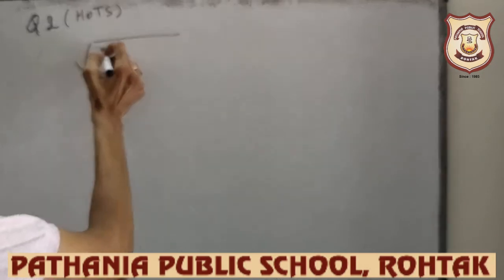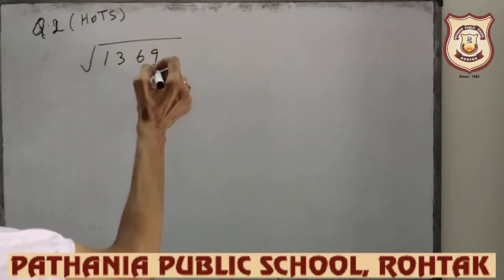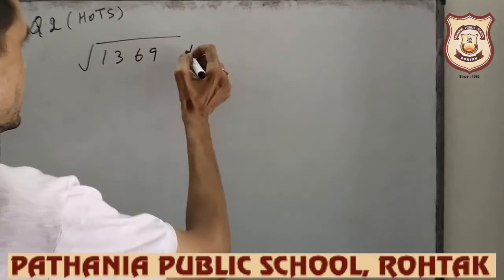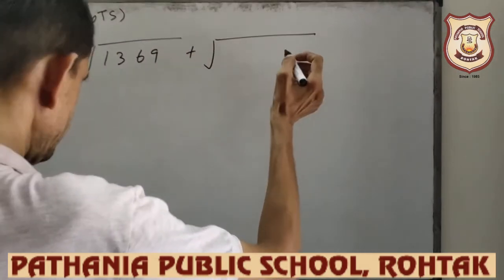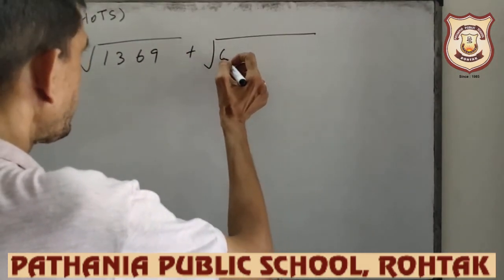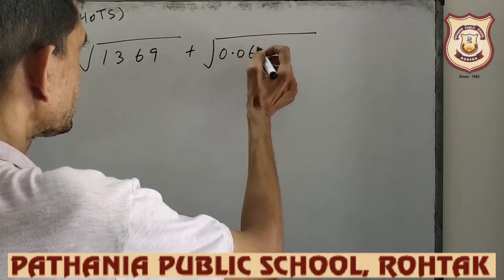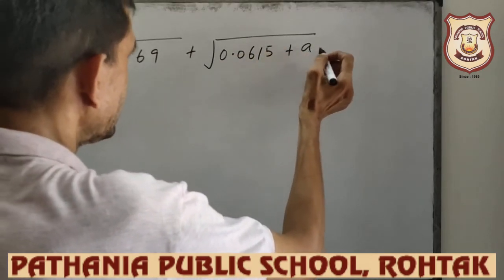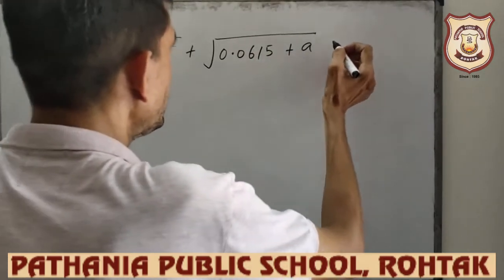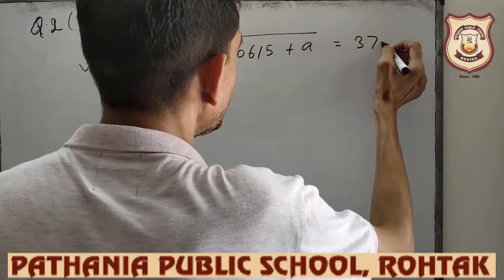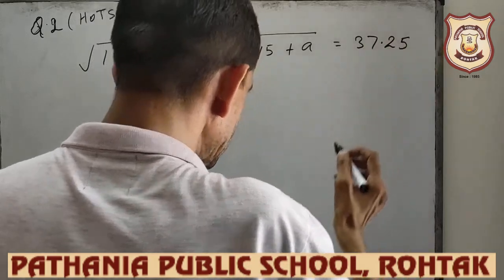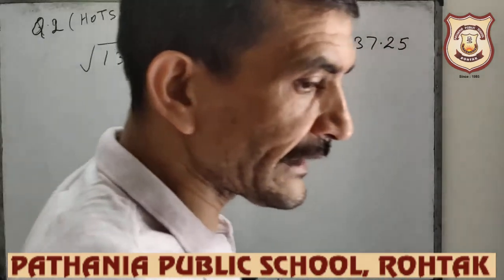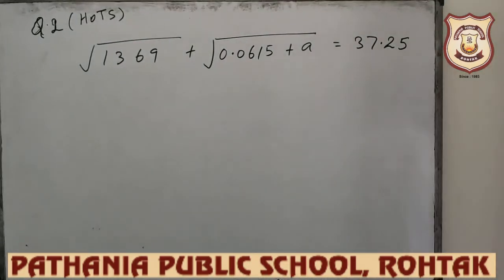Square root of 1369 plus square root of 0.0615 plus a is equal to 37.25. This is given. Find the value of a.